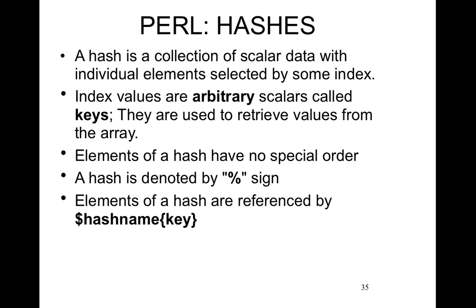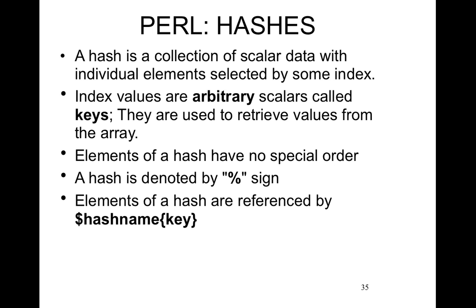So hashes: a collection of scalar data, individual elements, key value. The index values are arbitrary scalars called the keys, and they're used to retrieve the values. So it's kind of like an array where we have 0, 1, 2, 3, except now we can have Bob, Mary, Joe, Larry, the names, and then we can have the ages as the values or something.